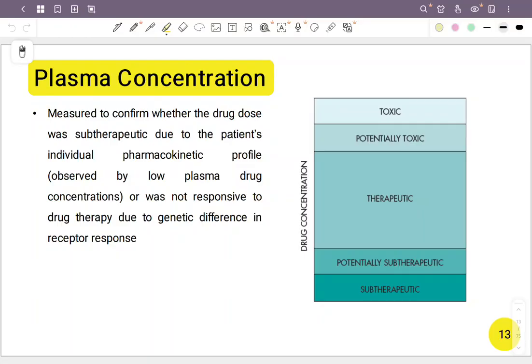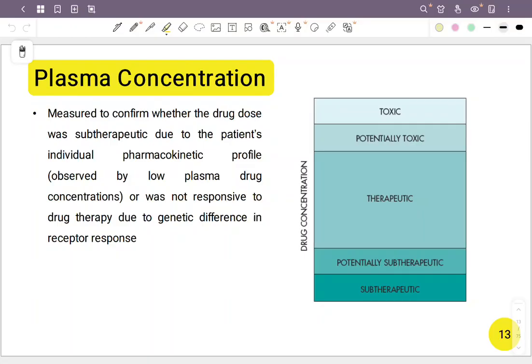Then, another is it is measured to confirm whether the drug dose was subtherapeutic due to the patient's individual pharmacokinetic profile or was not responsive to drug therapy due to genetic difference in receptor response. Pero, if ako ang i-ask dire, guys, ang importance sa plasma concentration kay naa tay range for that from subtherapeutic to toxic.